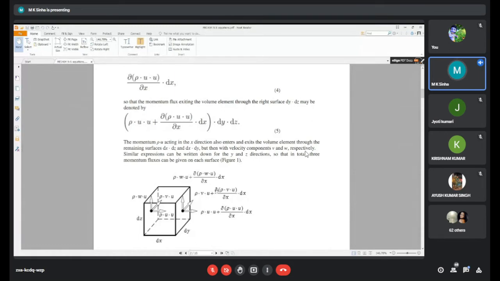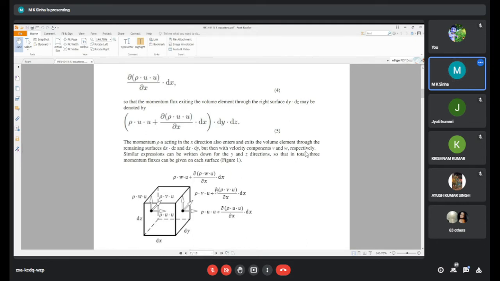So top and bottom, with velocity components v and w respectively. V passes through dx dz, and w passes through dx dy. So similar expressions can be written for the y and z directions.